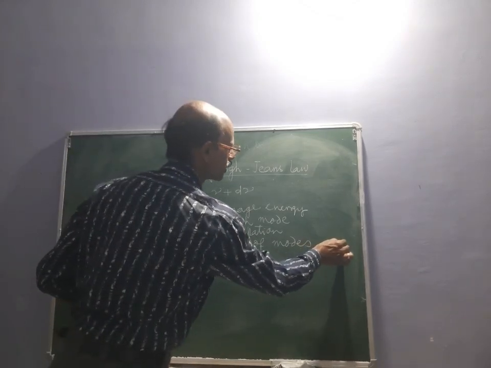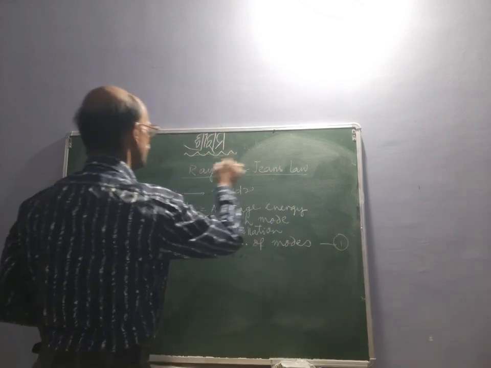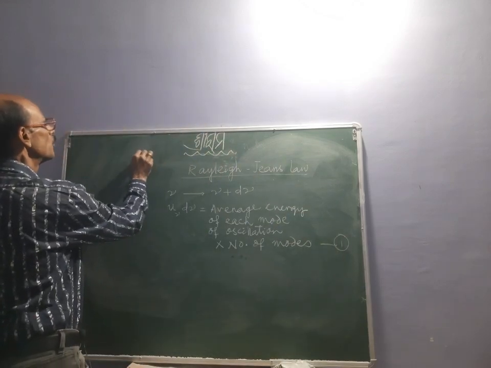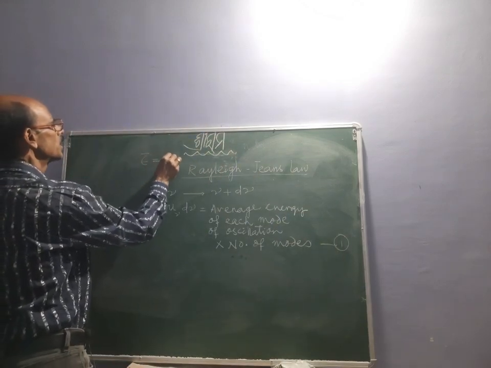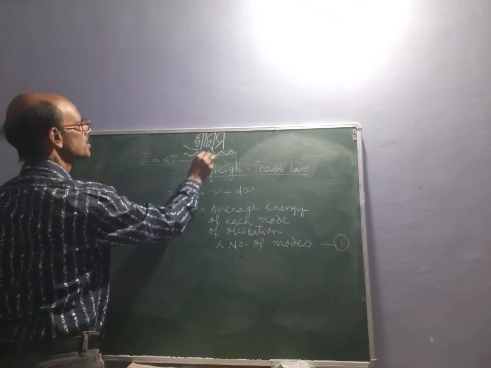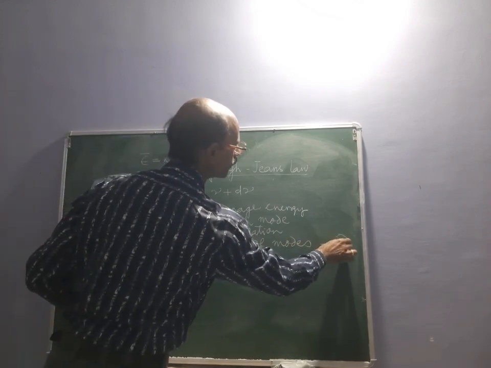Suppose this is equation number 1. Of course, we have taken E is equal to kT. Let it be equation 1 and it be equation 2.